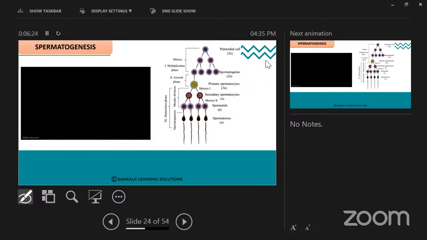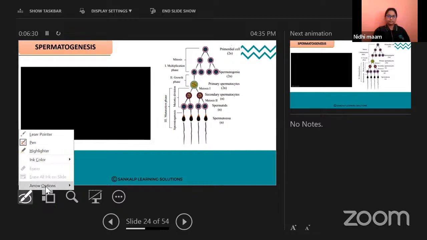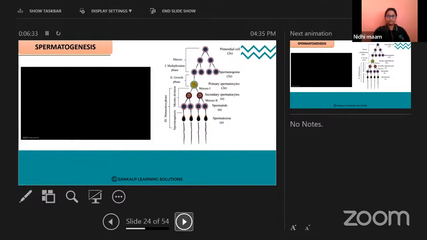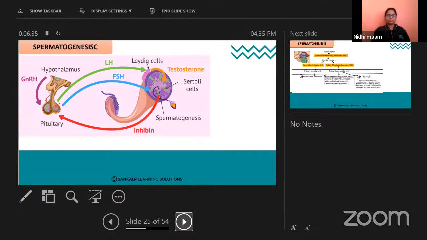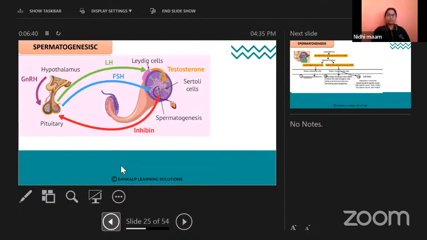Okay, fine. Let us proceed. So spermatogenesis is a hormonally controlled process. You can see the hypothalamus, pituitary, the region of hypothalamus, and gonadotrophin hormones, luteinizing hormone LH and follicle stimulating hormone FSH.